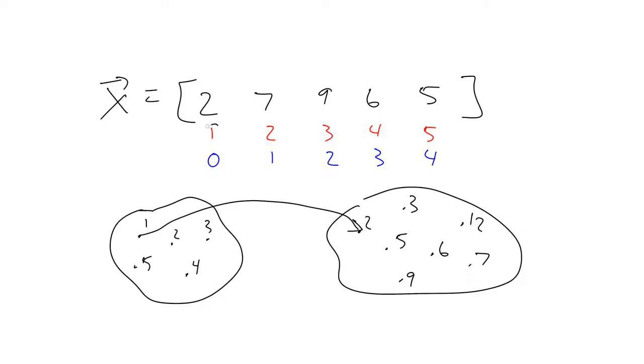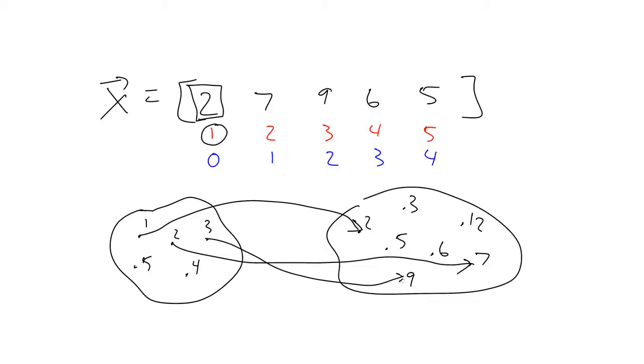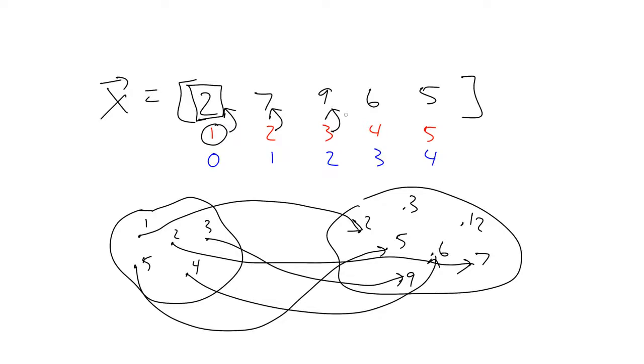That's because the vector at position 1, or at index 1, is element 2. 2 goes to 7, and 3 goes to 9, and 4 goes to 6, and 5 goes to 5, right? So this vector is essentially a bunch of mappings from index numbers to their corresponding elements, and therefore you can think of it as a function.